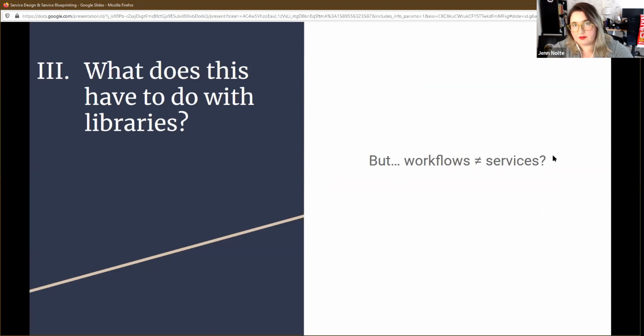But by identifying and articulating some of those workflows that comprise a particular service, like the purchase requesting service at the Yale Library, by articulating those workflows and really putting them down and documenting them, we can find some real places for improvement and efficiency.